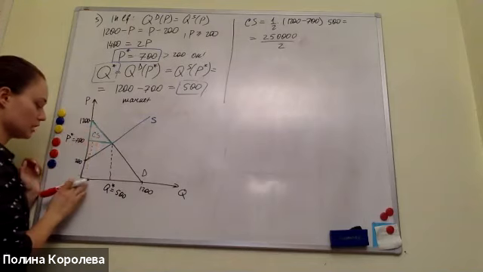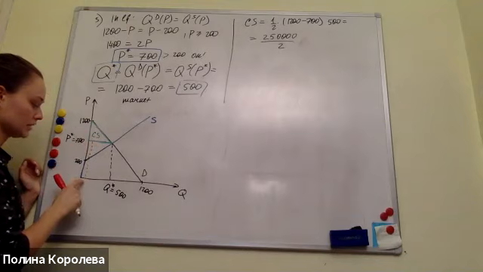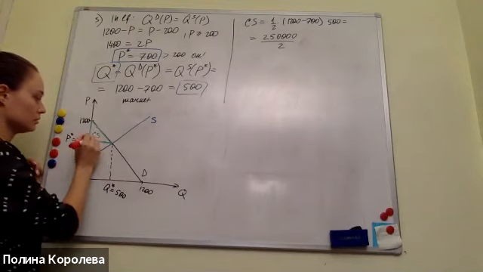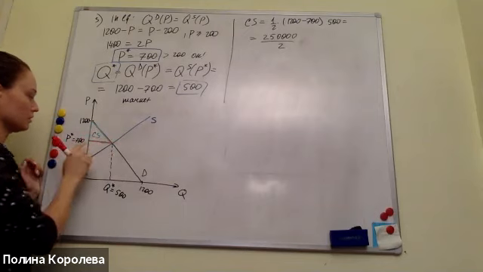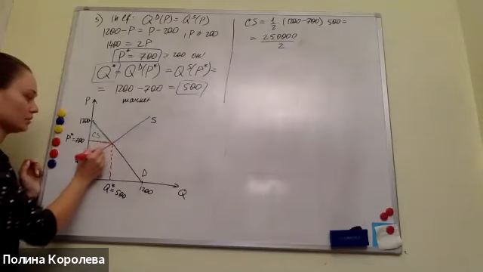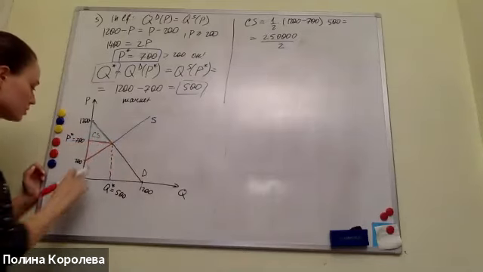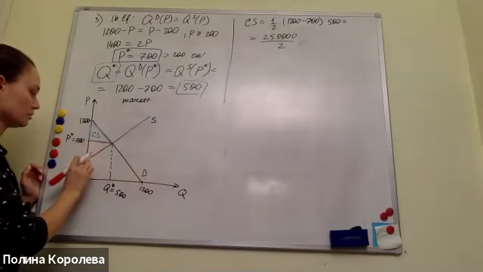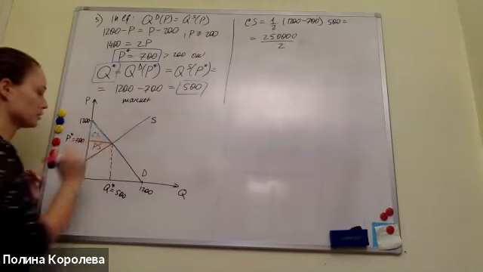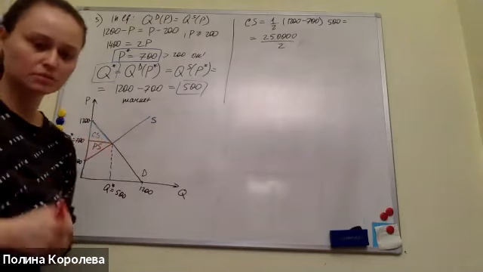And we can say the same about each unit that they sold. So the area under the equilibrium price and above the inverse supply function is the producer surplus, the total net benefit of our producers. How to count?